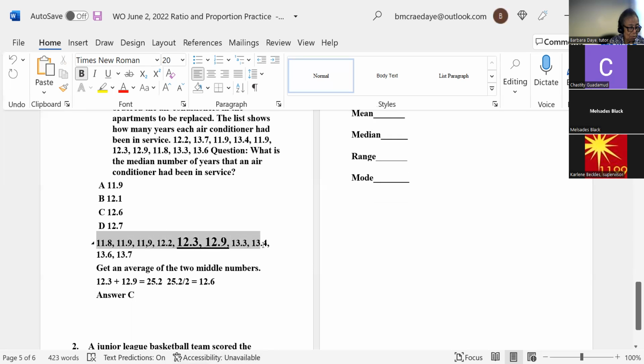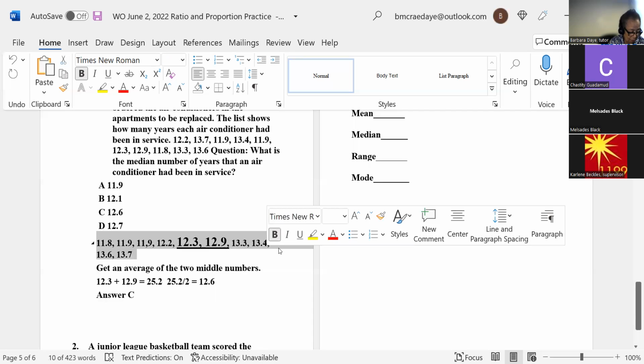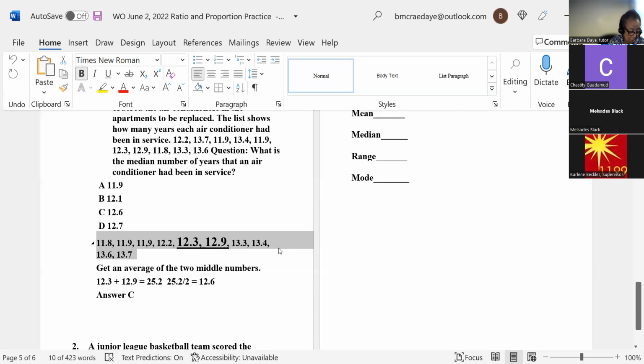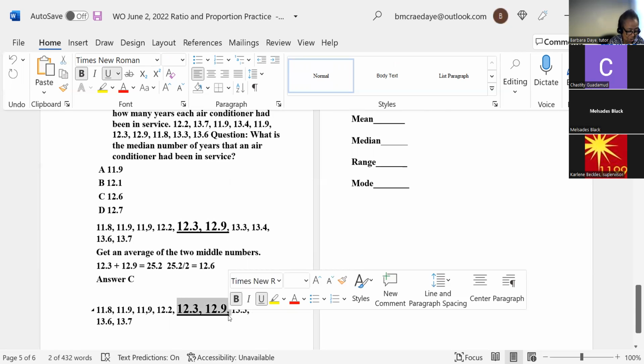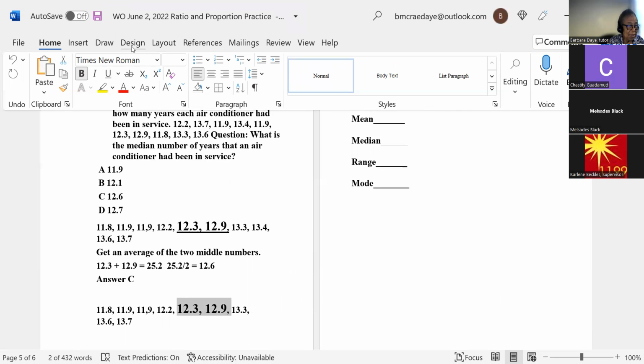Suppose your set of years that the air conditioner had been in service is these numbers, but what number is not there? Suppose we took out the 13.4. So we end up with 9 numbers. Okay. Let me just make that the regular size.